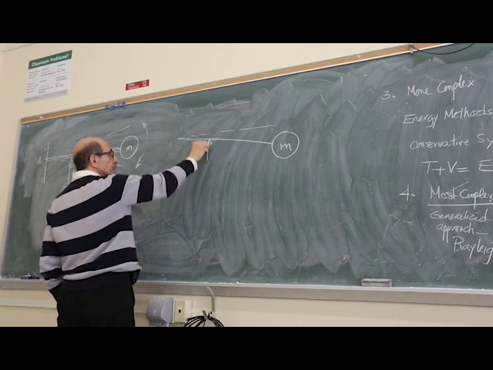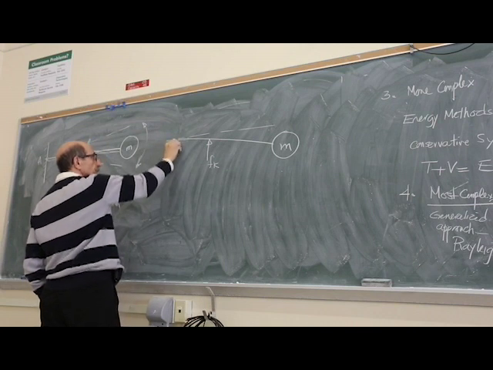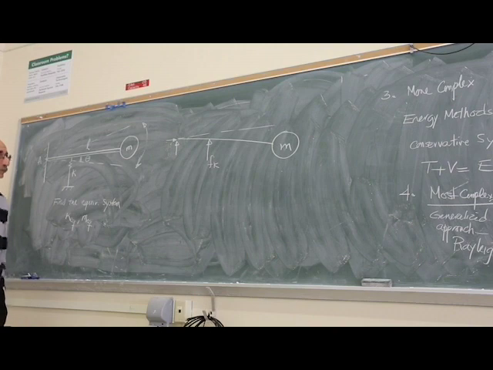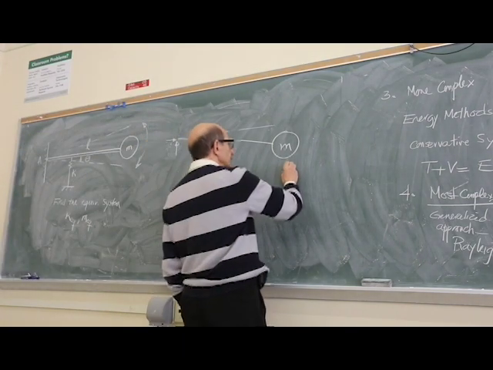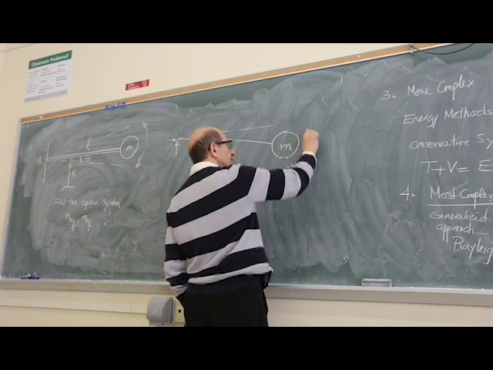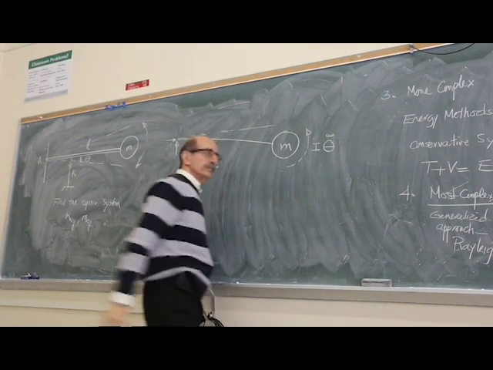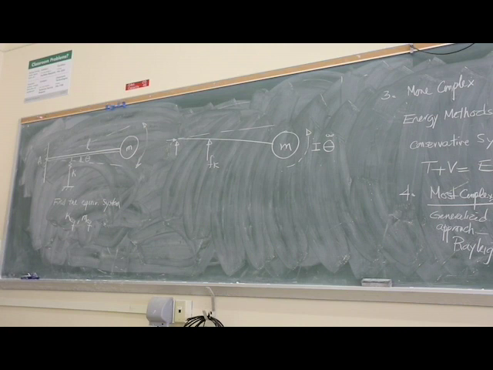So you have a force due to the spring. You have these two forces, okay? And obviously there is, of course, this free body diagram, the equivalent free body diagram, or the dynamic equilibrium, okay?